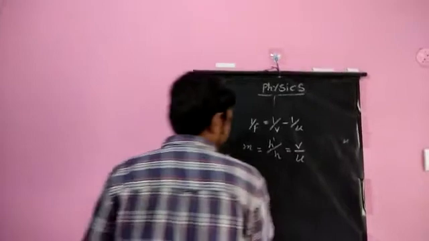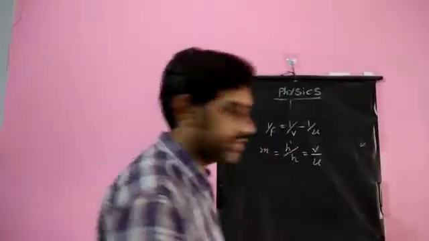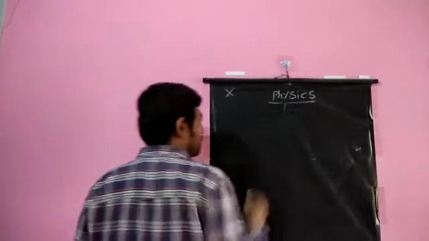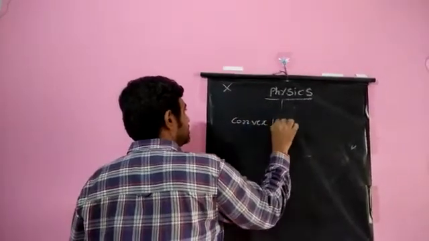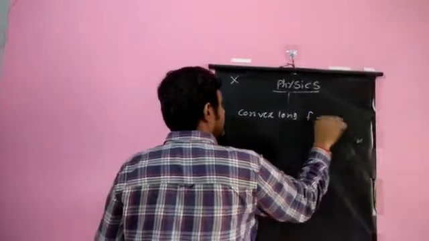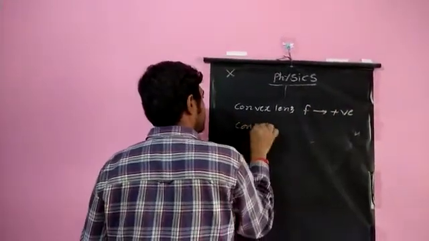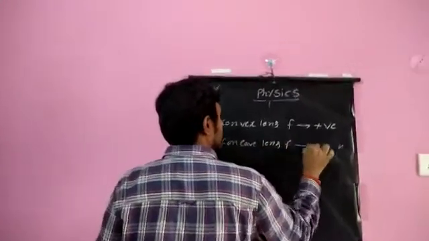Whereas in case of sign conventions, the points I told you, if we apply them for a convex lens, the focal length is positive, whereas for a concave lens, the focal length is negative.